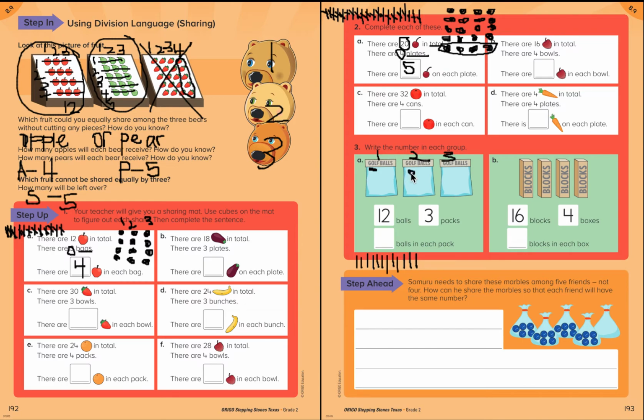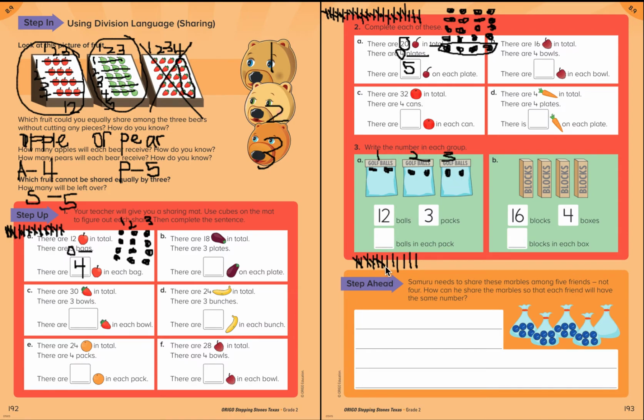1, 2, 3. So I'm going to cross off 3 because I just drew 3. I still have more left, so I'm going to draw another one. 1, 2, 3. So let me cross off 3 more.